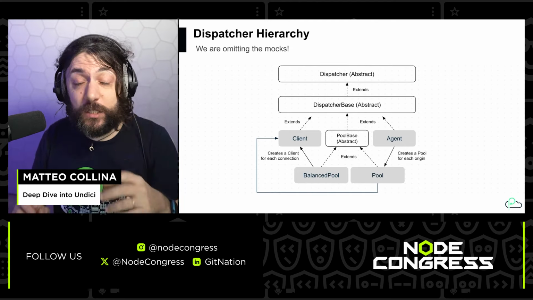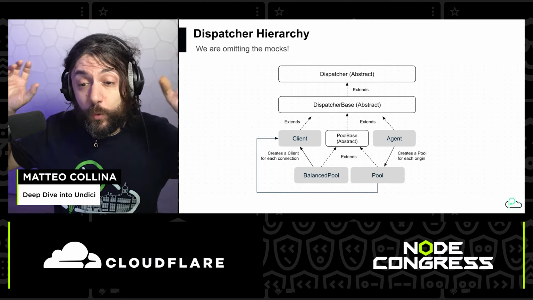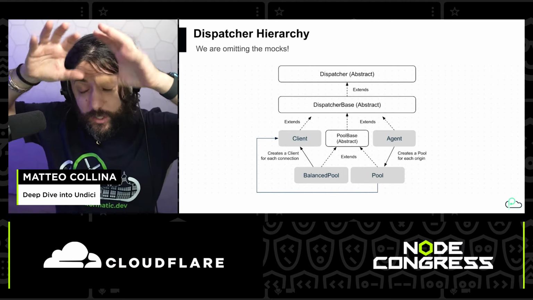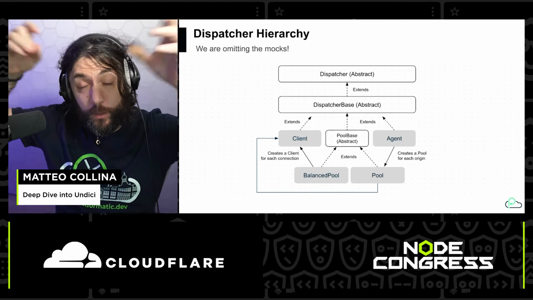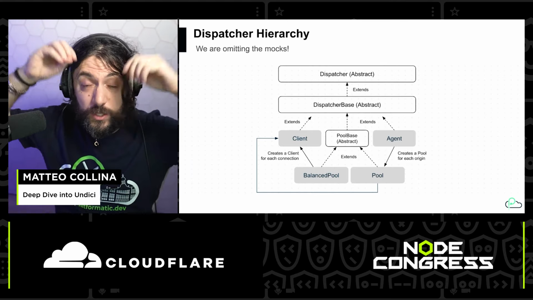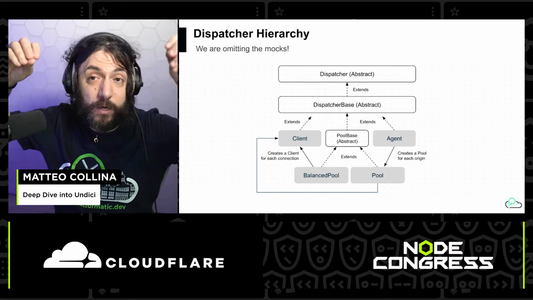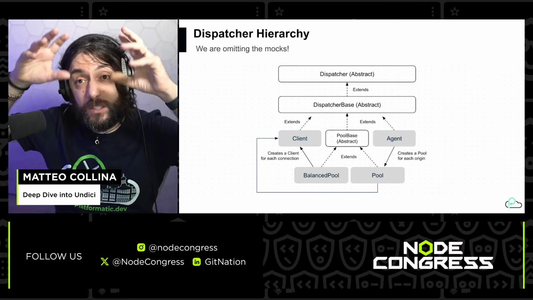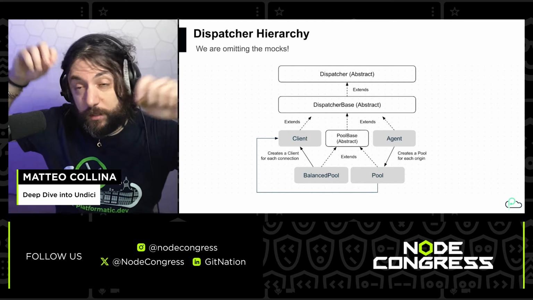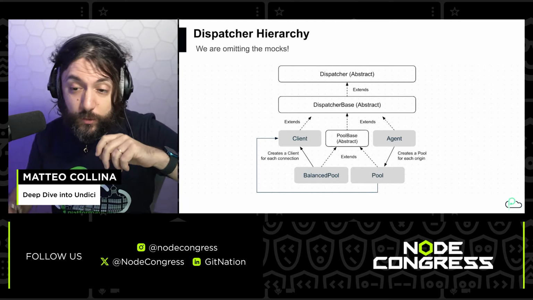What does the agent do? The agent allows you to coordinate a group of pools, one for each origin. So if you have a combination of domain plus port, or IP plus port, the agent is the system that coordinates it and routes the request to the right pool.